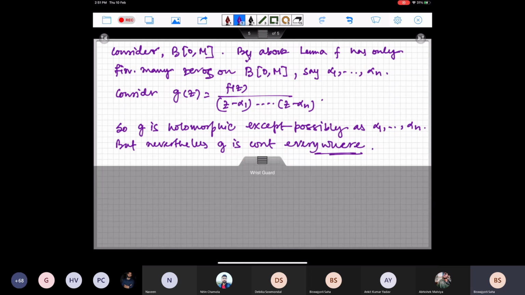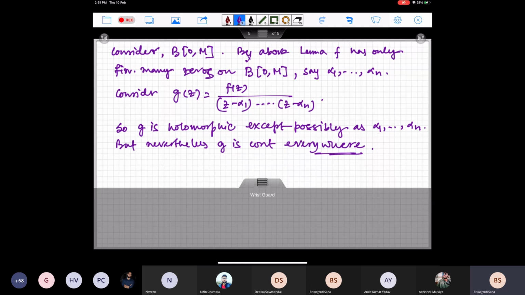So this just gets cancelled, and therefore g is continuous everywhere. Now g is holomorphic except possibly at finitely many points, and it's continuous everywhere on C.